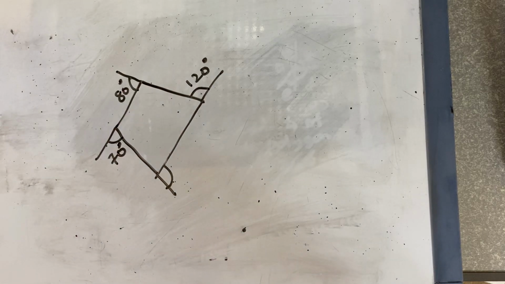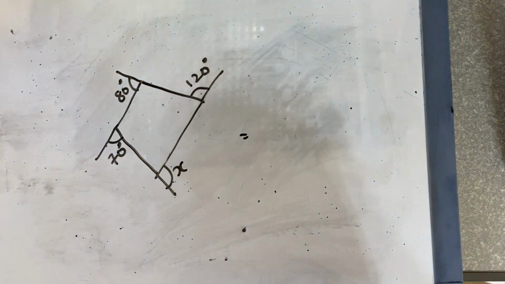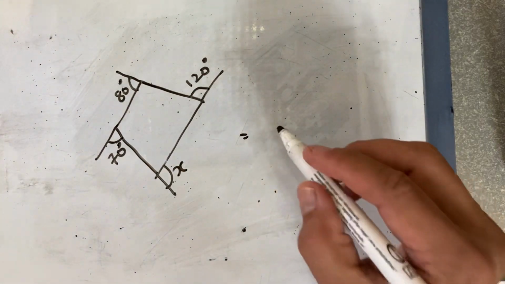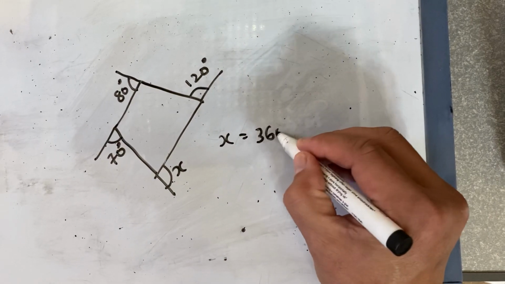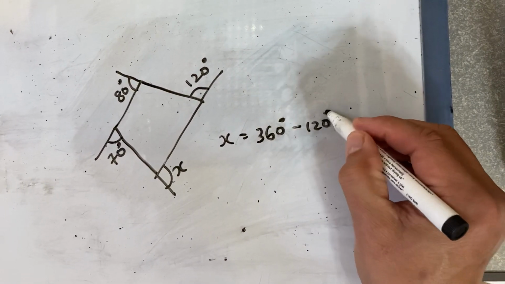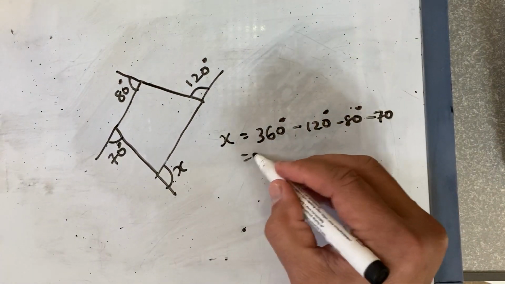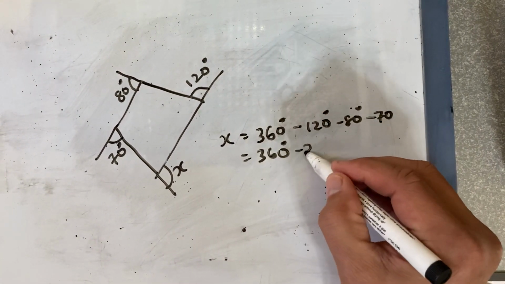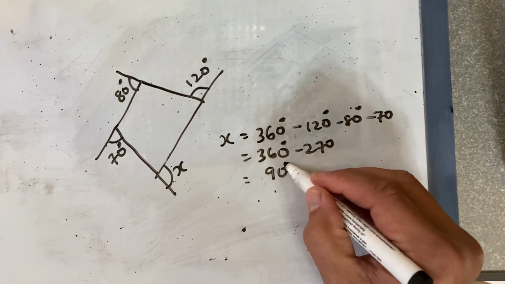To calculate angle X, you need to know that they all add up to 360. So angle X is going to be 360 minus 120 minus 80 minus 70. Add them up, it is 360 minus 270, and the answer is going to be 90 degrees.